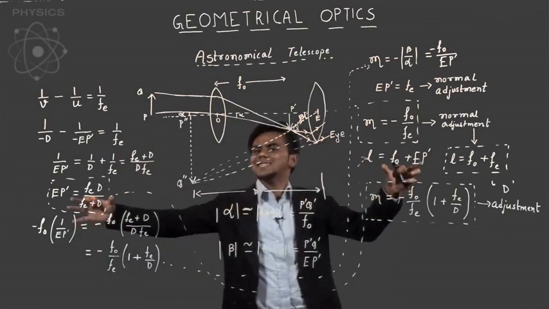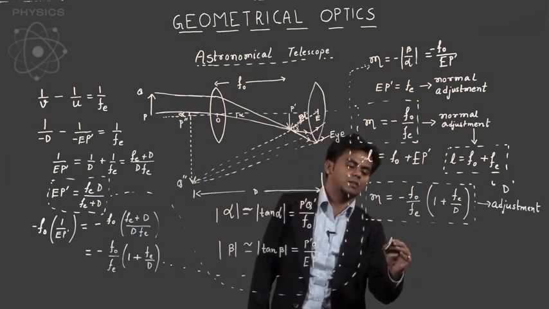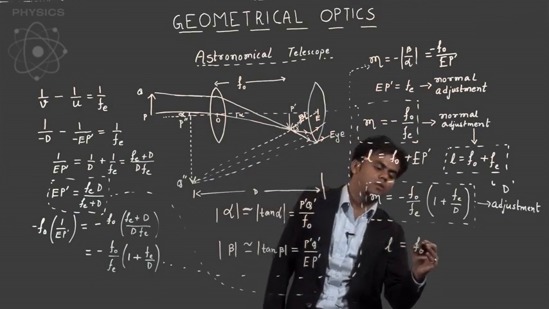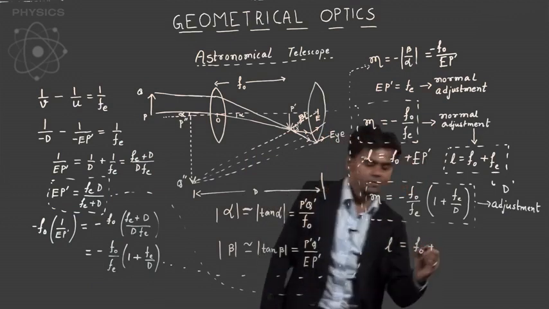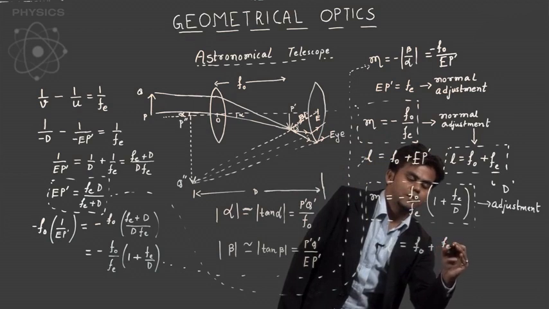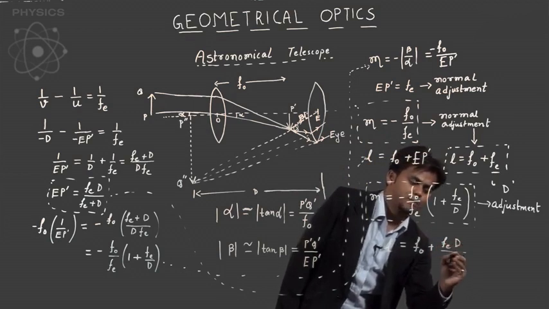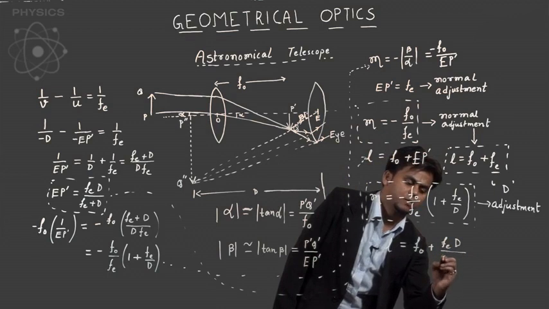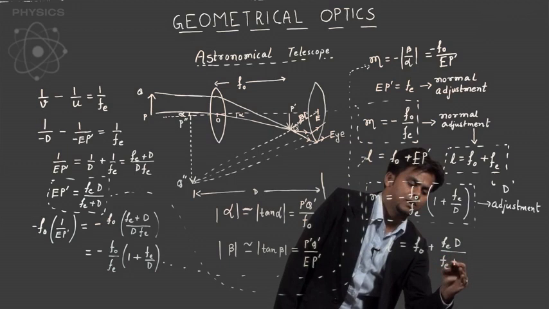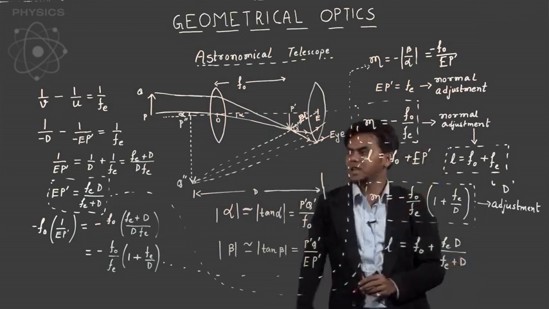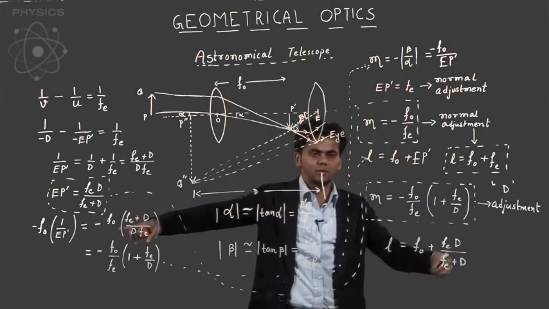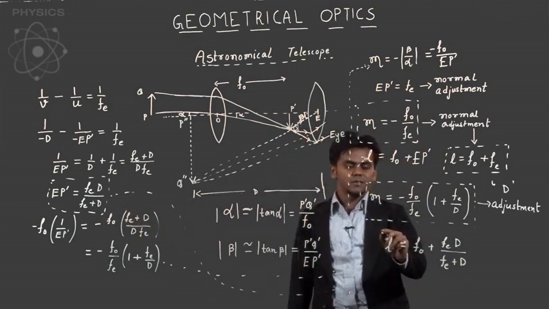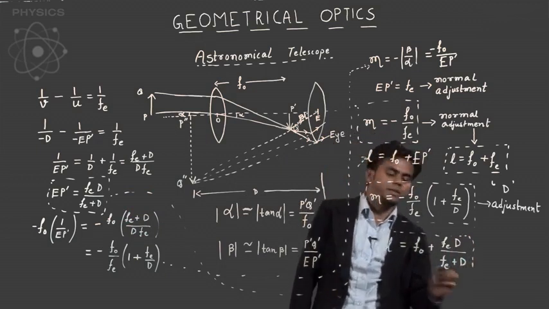So using this and this, you can get length of the tube is equal to FO plus FED upon FE plus D. I've just used this thing on here and got the value. So this gives you the length of the tube for D adjustment.